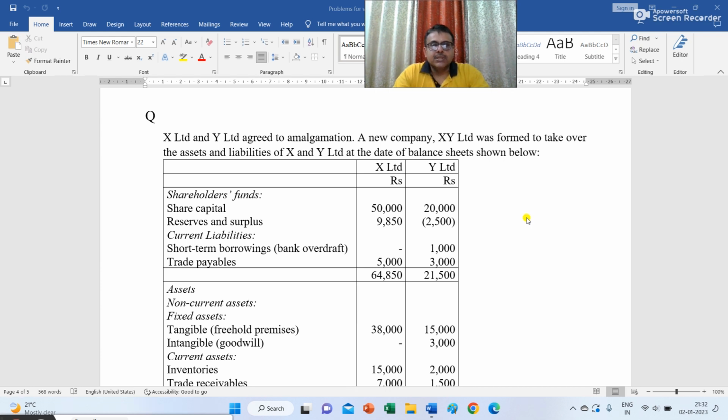Then current liabilities: there is short-term borrowings or bank overdraft in case of Y Limited for rupees 1,000, and trade payables of X Limited is 5,000 and that of Y Limited is 3,000. So total liabilities of X and Y are respectively 64,850 and 21,500.